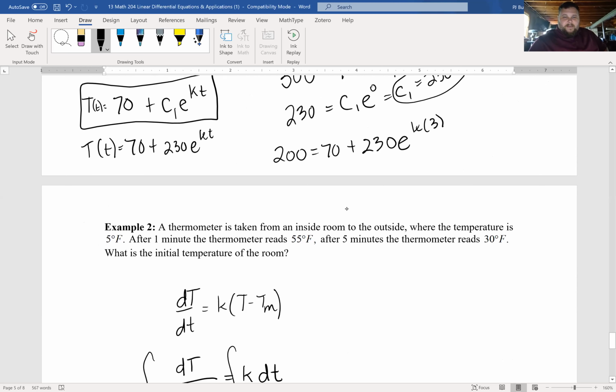So you would subtract 70 and divide by 230. Then take natural log of both sides.